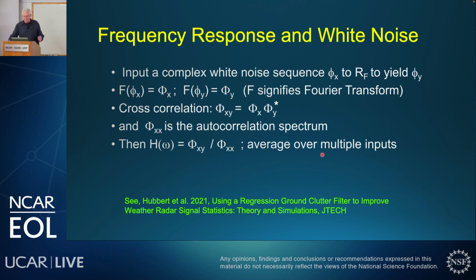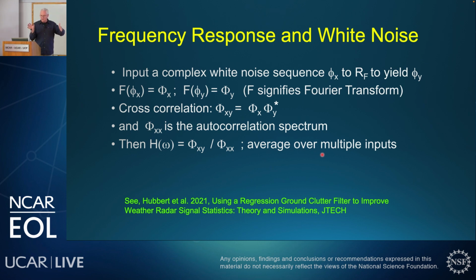Another way to do it, and this is something that we did in our paper, which is listed down here, a recent 2021 publication that has all the details. Fundamentally, let me skip what's written there, you simply have a plant, and you take noise and pass it into your plant, your filter, and then you get an output.